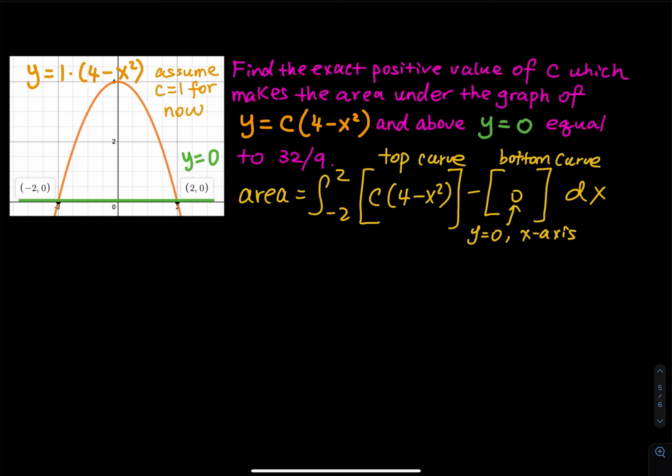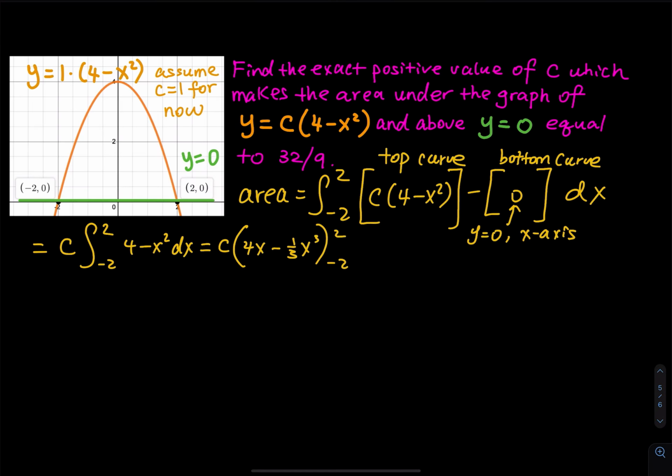Okay, so let's go ahead and integrate this. Since C is a constant, we can just take it out, right? So we can bring the C out. From negative 2 to 2, we have 4 minus x squared dx. So that is equal to C times the antiderivative of 4, which is 4x, minus 1/3 x to the third power, where x goes from negative 2 to 2.